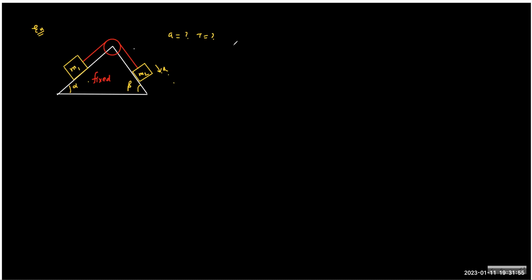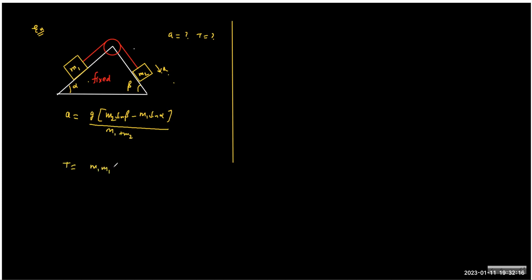Tension you got, Rugved? Okay. So how much tension did you get? M1 M2 G (sine beta minus sine alpha) by M1 plus M2. M1 M2 G by M1 plus M2 into (sine beta minus sine alpha) whole. I think this is the answer. Is this the answer? Just check. Yes, sir. Which means you failed to substitute properly, right? Check the substitution. Yes, sir. Got it.